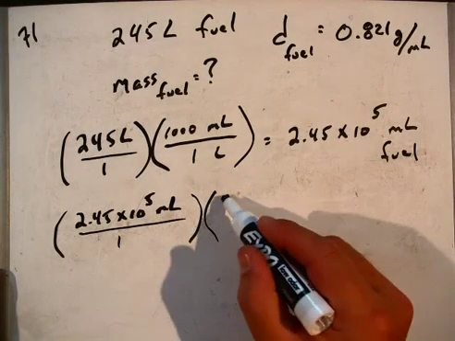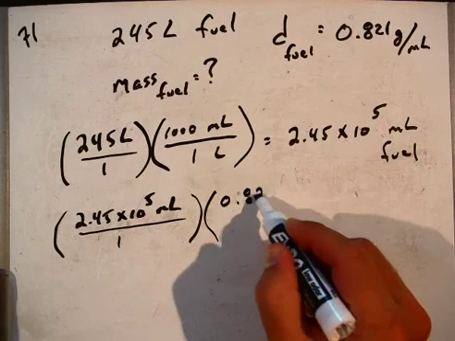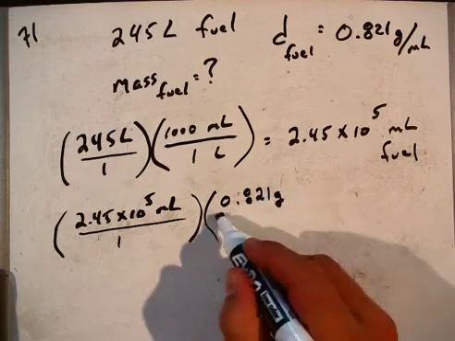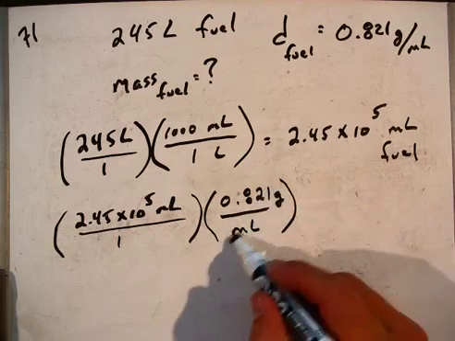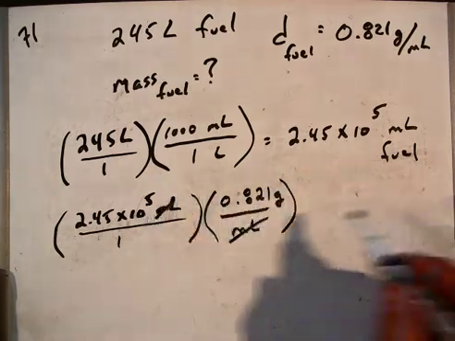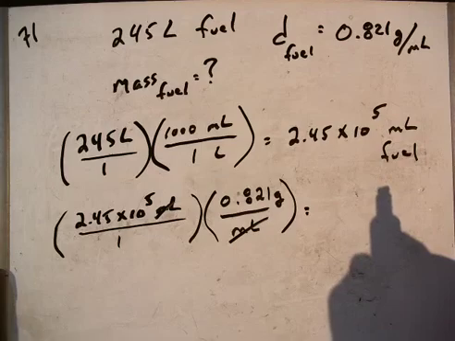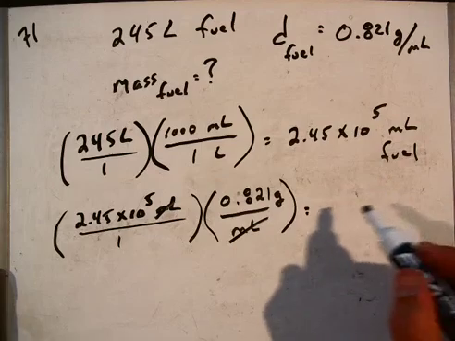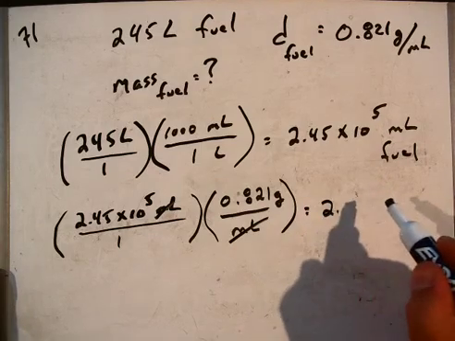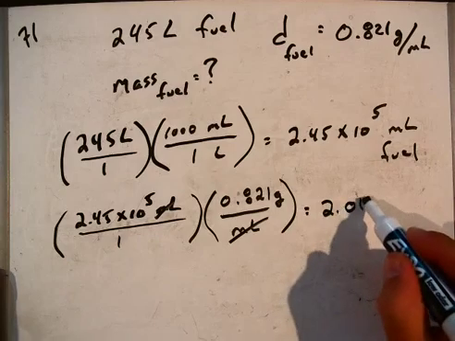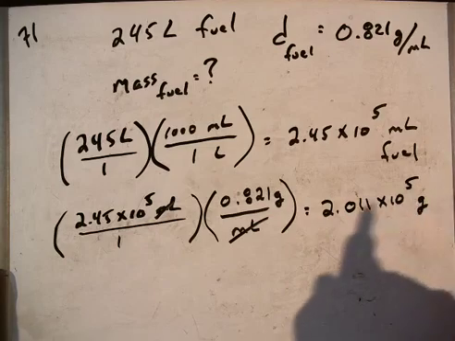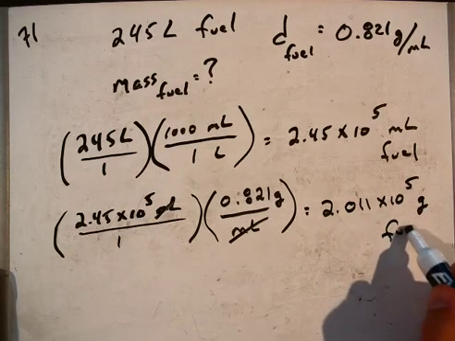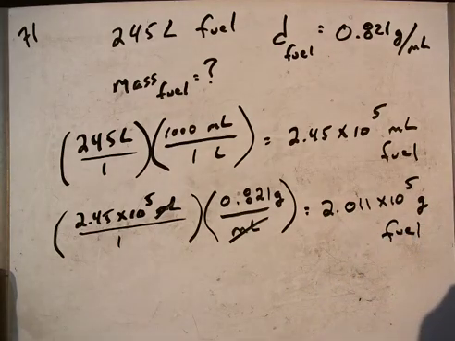And now I'm going to use my density, 0.821 grams per milliliter, so that my milliliters cancel out and I am left in terms of grams. And when I do that, I get a value of 2.011 times 10 to the 5th grams of fuel.